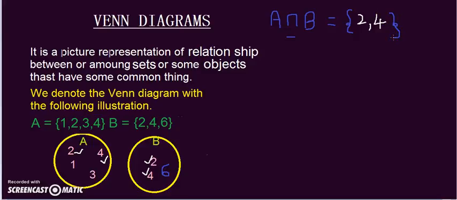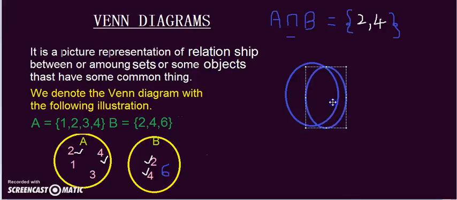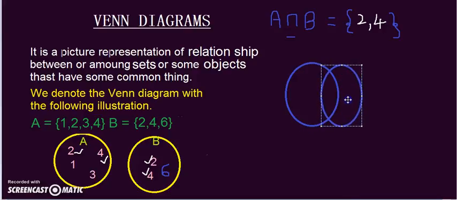Now, how will I represent this in a Venn diagram? This is your A and you have B, which is the other set.